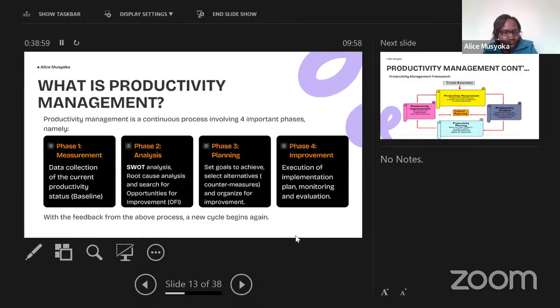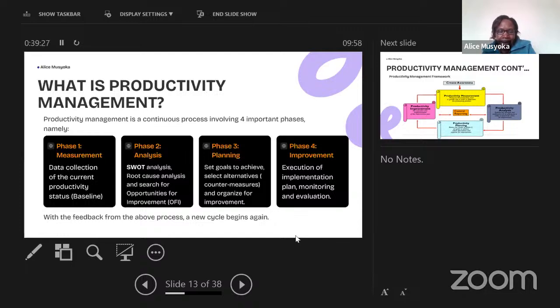Then there's phase 2, where you carry out SWOT analysis, you carry out the root cause analysis and search for opportunities for improvement. And then phase 3, there's the planning, where you set goals to achieve. That is where you want to be in terms of productivity levels.